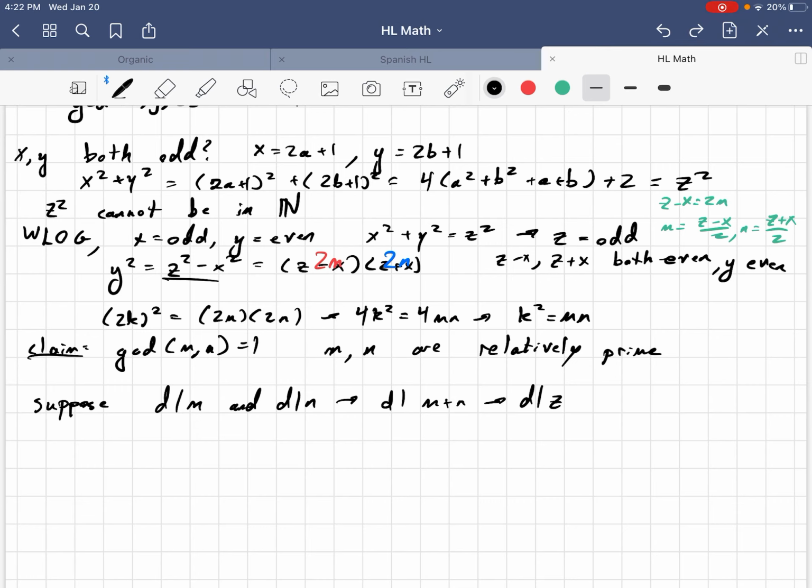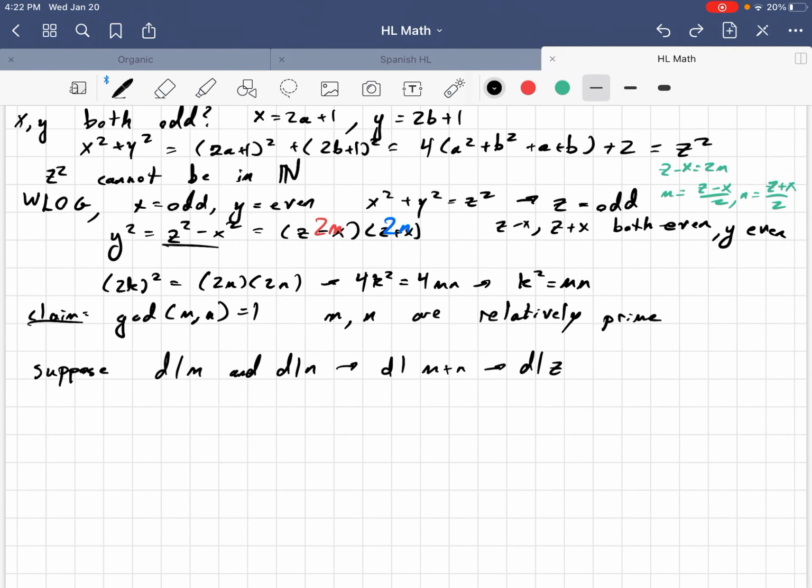Now, if d divides z, and also if d divides m and d divides n, then it divides any linear combination, so d also has to divide m minus n, which means that d divides x, because m minus n is nothing but (z minus x) over 2 minus (z plus x) over 2, which is nothing but x. So now what that tells us is that d divides z and d divides x.